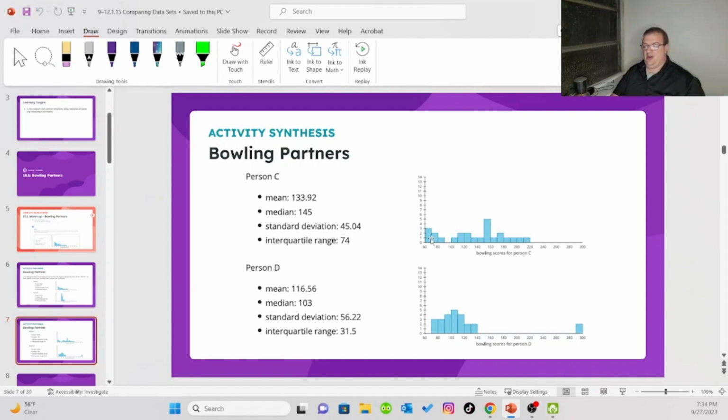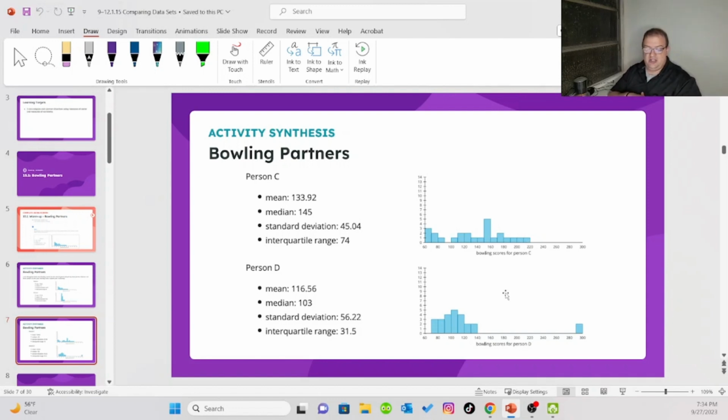So are you willing to take that typical high score with the risk that every now and then they're going to have a really bad game? Or they could also occasionally have a really good game and bowl 210 to 220. So you have to weigh those odds.